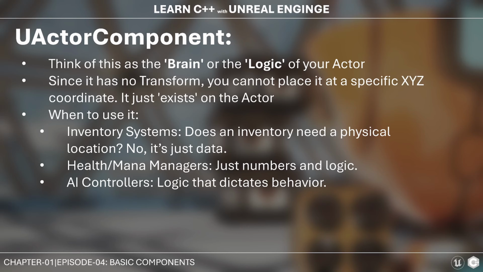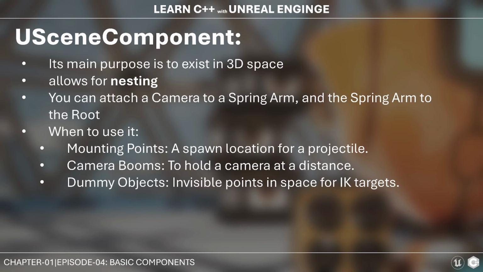You can ask yourself, does an inventory system need a physical location? No, it's just data. Or a health and mana manager. They are just numbers and logic. Or certain AI controllers. It's logic that dictates the behavior. If you do not need to attach something to a socket or move it around the world, you can use UActorComponent. It saves memory and keeps things clean.